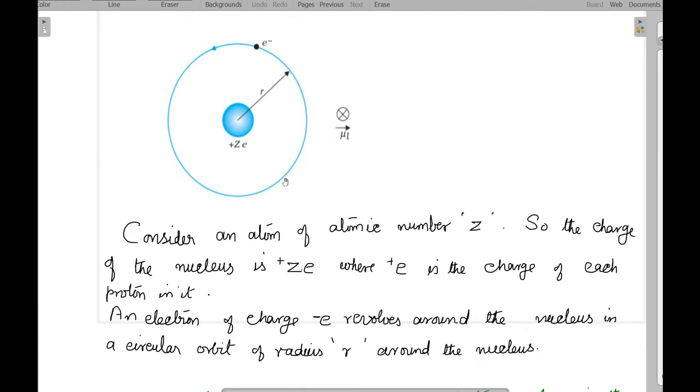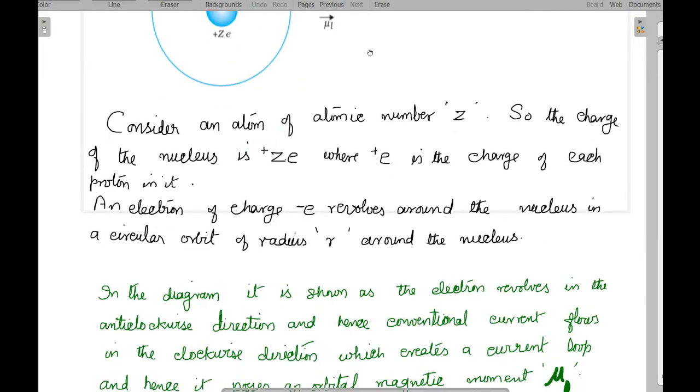This constitutes a current in the opposite direction, that is in the clockwise direction, due to which this current loop acts as a magnetic dipole. The orbital magnetic moment of the dipole needs to be calculated here.